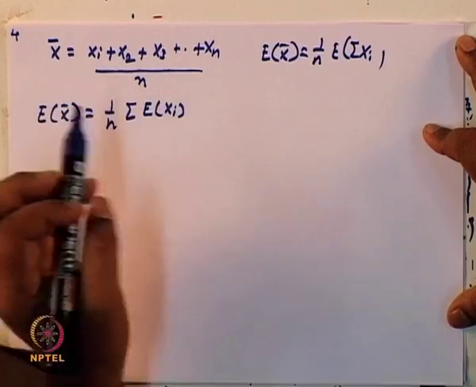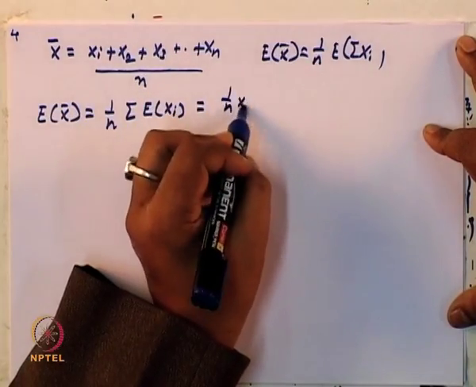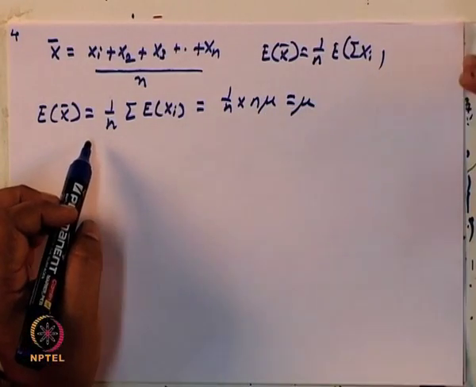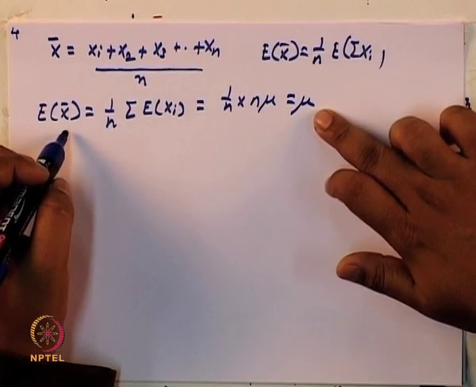Since the xi's are independent, I can make this approximation. So, I get 1 by n into n times mu, equal to mu. So, the total sum is a normal random variable with mean n mu, but the sample mean is a normal random variable with mean mu.